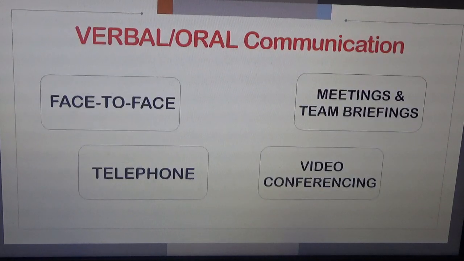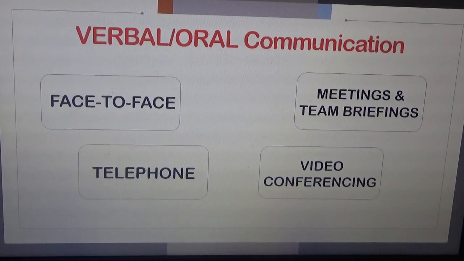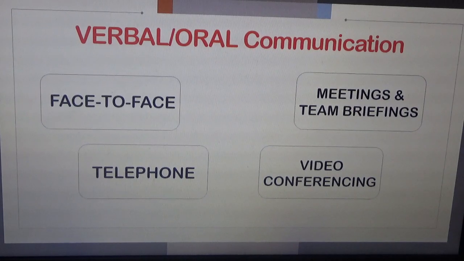Okay, now here, let's deal with the methods individually. Verbal communication methods include face-to-face or one-to-one talks or meetings between the sender and the receiver.